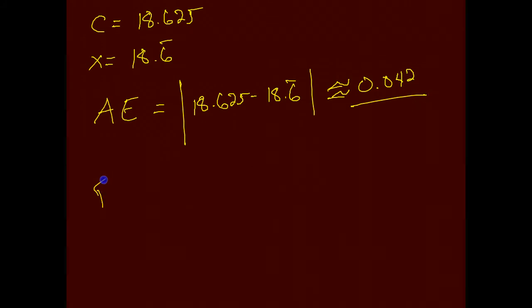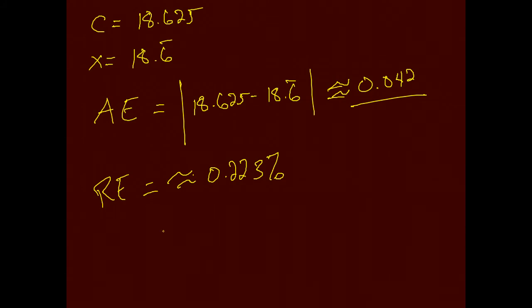Now, if we want to find our relative error, we need to divide that by our 56 thirds, or 18.6 repeating. We divide those two, and we find that we have a relative error of about 0.223%. So we're less than 1%, about 0.2%, a little more.